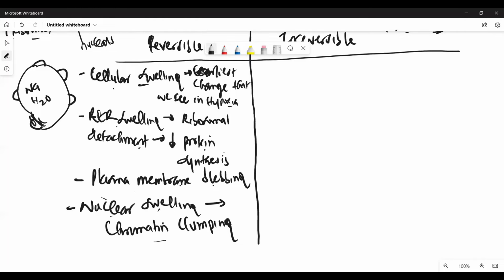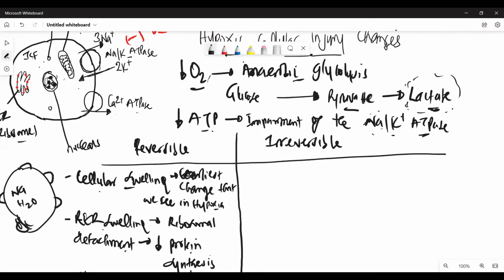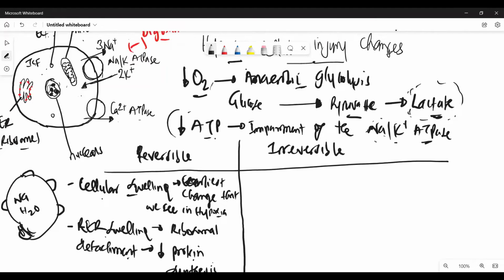And if you give this patient oxygen, they start making ATP, the sodium potassium ATPase will start working, and that will pump out the sodium and the water. That's why all these changes are reversible. So let's move on to the irreversible changes. When the decrease in ATP is so severe, the calcium ATPase will stop working.